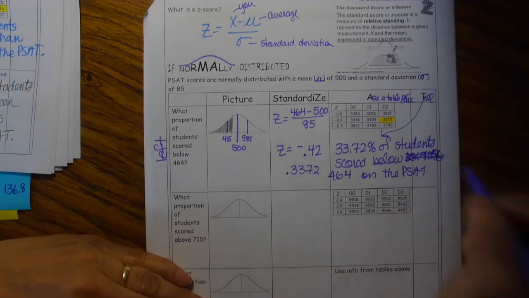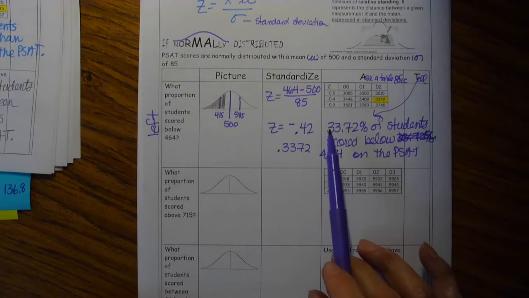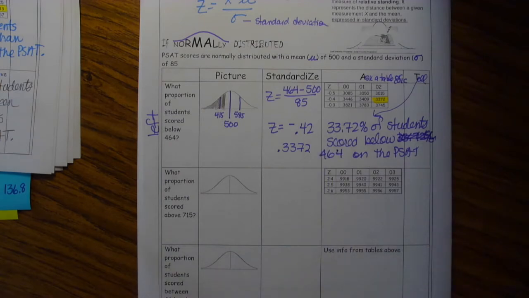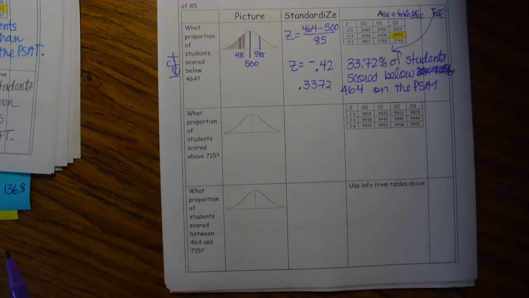Meant to write the score in there. Now remember, your chart always reads to the left. So your chart always tells you who's below that. So 33.72% of students scored below a 464. Easy enough, right? Now, how does this change on the next question?